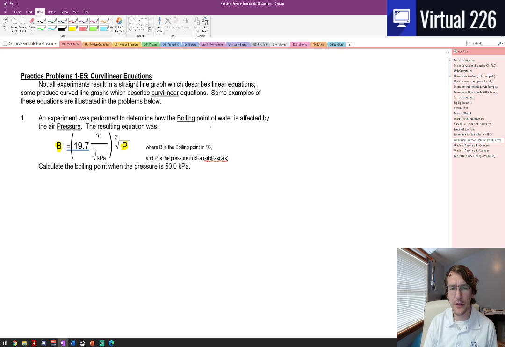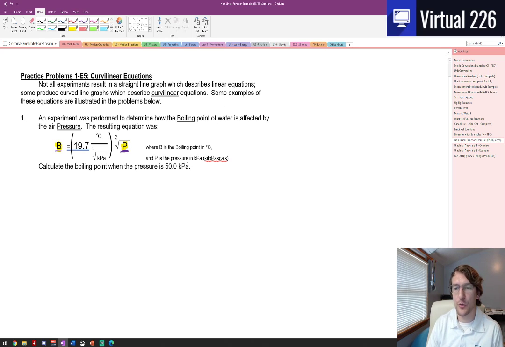So an experiment was performed to determine how the boiling point, B, of water is affected by the air pressure, which is P. What we're doing is calculating the boiling point when the pressure, P, is at 50 kilopascals. It's a unit of pressure.